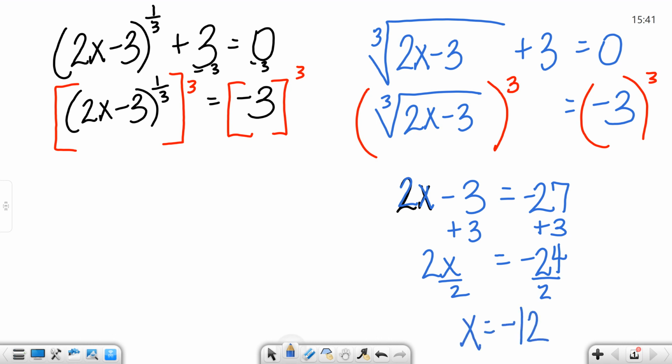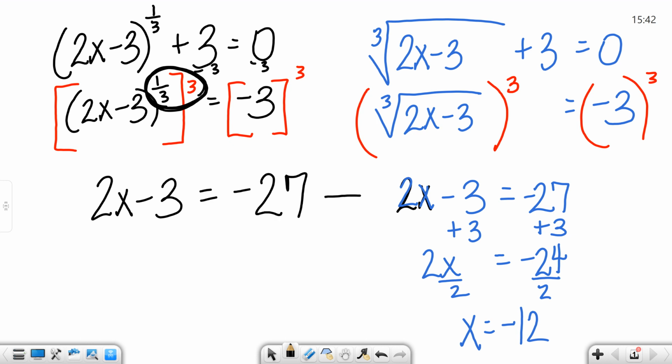Now I am going to check it, but I'm going to show you what it looks like over here. When I have a power raised to a power, I multiply the exponents. So 1/3 times 3 would give me 1. So I would just have 2x minus 3 equals -27. Notice that these two are the exact same thing.